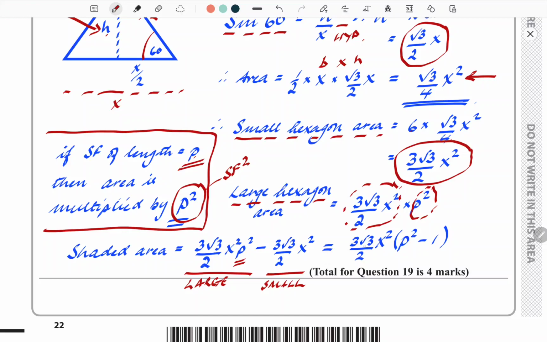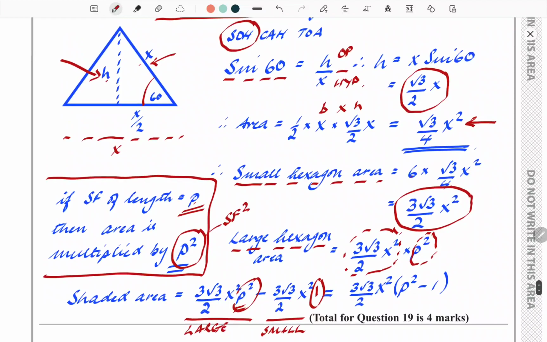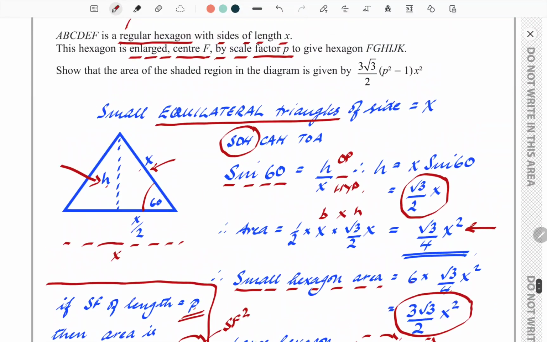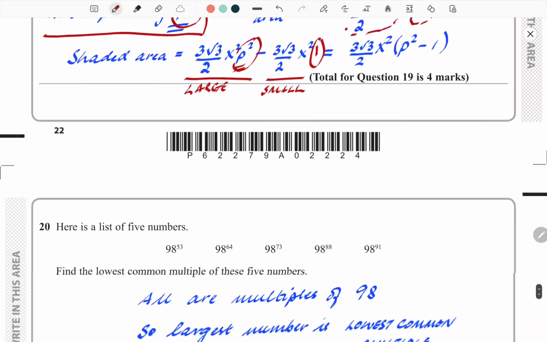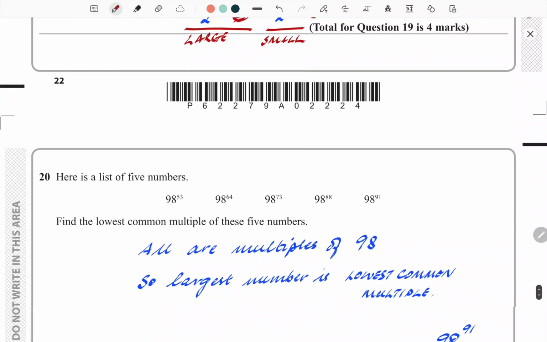So we can factorize out the 3 root 3 over 2 times x squared, and you're left with a p squared there and effectively a 1 here. So that's what they showed in the question, p squared minus 1. And on the outside, you've got the 3 root 3 over 2 x squared, all right? And it doesn't matter whether the x squared is after the brackets or before the brackets. Hopefully that's made sense. And any questions, leave it in the comments.